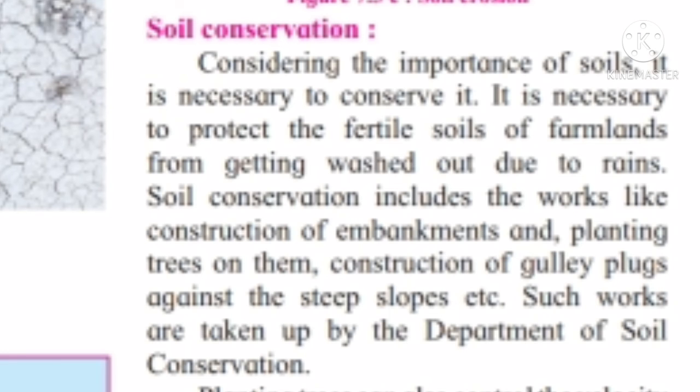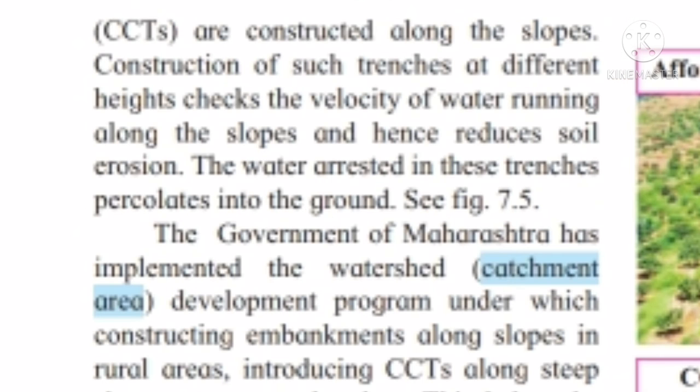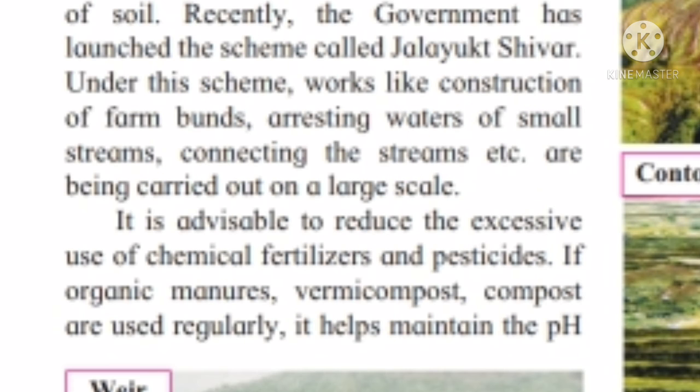Considering the importance of soil for occupations like agriculture, it is very important for us to protect the fertile soil of the farmland from getting washed away due to the rainwater or blowing strong wind. To prevent the soil erosion due to the rainwater and wind, the following measures can be used. The first is constructing embankments along the slopes in rural areas.